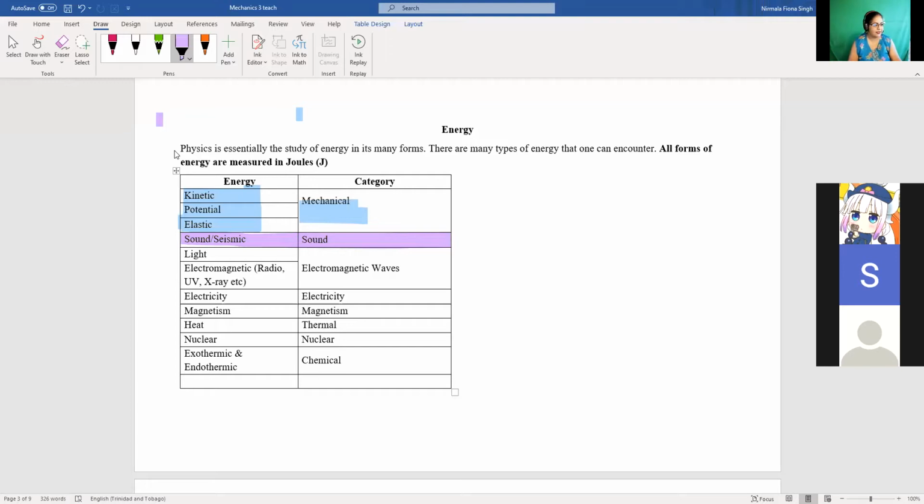Then we have light, which is actually a form of electromagnetic radiation. We're going to go through that when we start doing modern physics, and all of these fall under the topic of electromagnetic waves. Then we have electricity and magnetism.